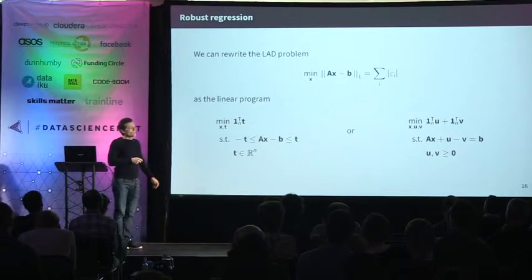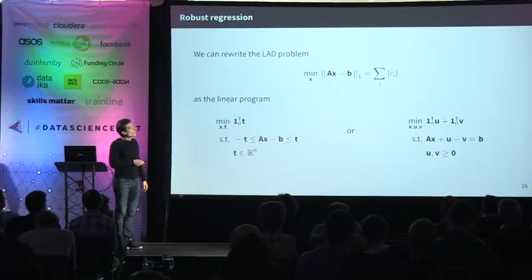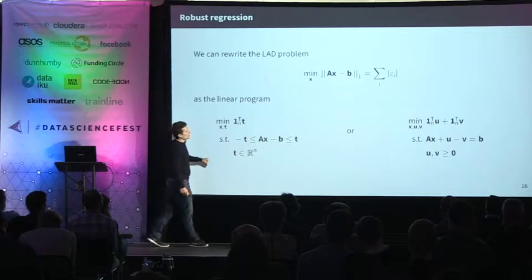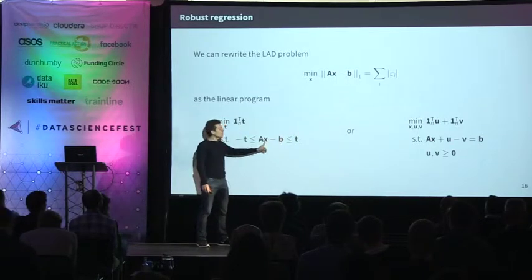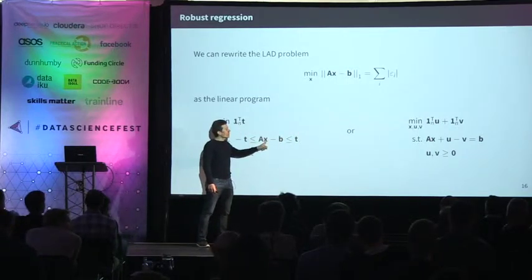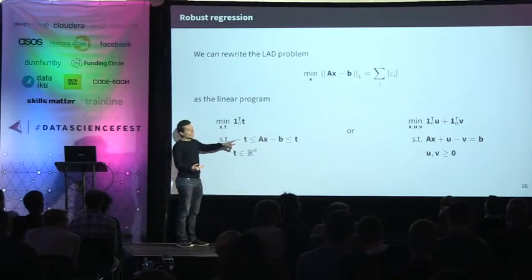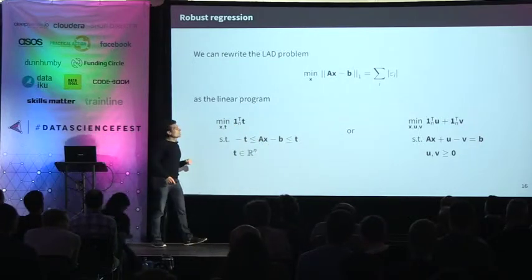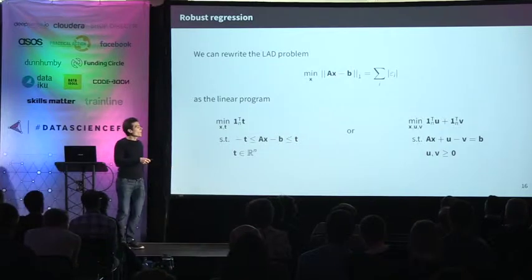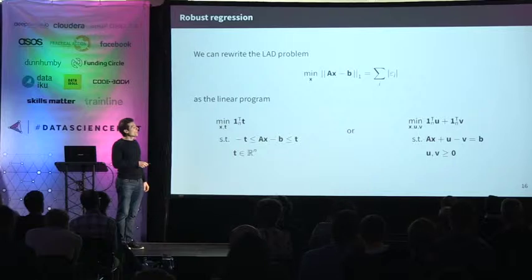You can also rewrite this in another way, which is more useful, as you'll see in a second, as a sum of two parts. What I can do is take the positive deviation from my residual to t. I can take the negative deviation from my residual to minus t, and then I can decompose this into two parts, which I call u and v. So in this case, you get my prediction plus the positive deviation minus the negative deviation equals whatever my response variable is.